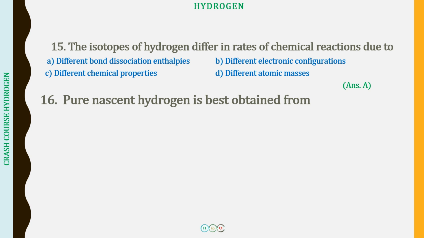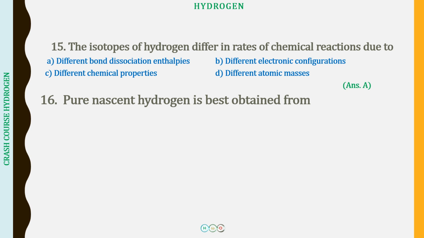This is all what I have discussed in detail in lecture number 3, different forms of hydrogen. Please do visit that lecture, especially those of you who are preparing for JEE Advanced. That is going to be important and helpful for you. Here I am putting just 3 questions from that lecture.